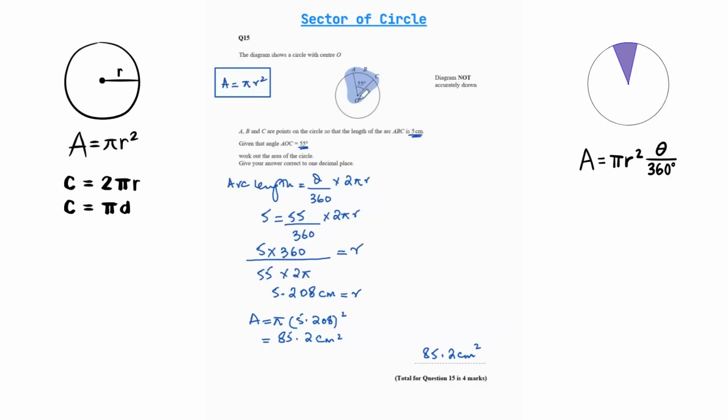So perimeter of the sector will always be 2r plus the arc length. Perimeter of a circle would be 2 pi r, which is the circumference of the circle. Area of a circle is pi r square, and arc length is theta over 360 times 2 pi r, whereas area of the sector is theta over 360 times pi r square. These are the only key formulas you need to remember for these type of questions.